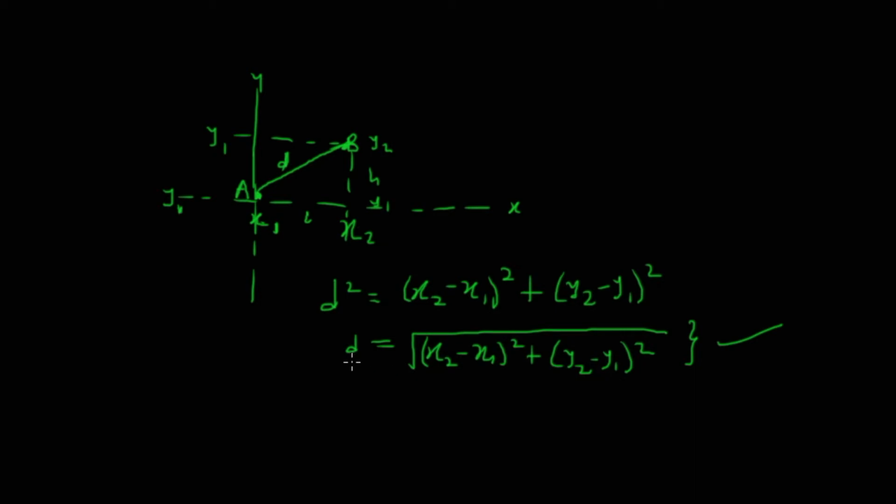Now let's define displacement. Displacement is the distance moved in a specific direction. That is, it talks about the magnitude and it talks about the direction. Distance talks about only magnitude, the amount, but displacement talks about the amount of travel and the direction of travel. So let's say this is your amount of travel. Then in what direction?